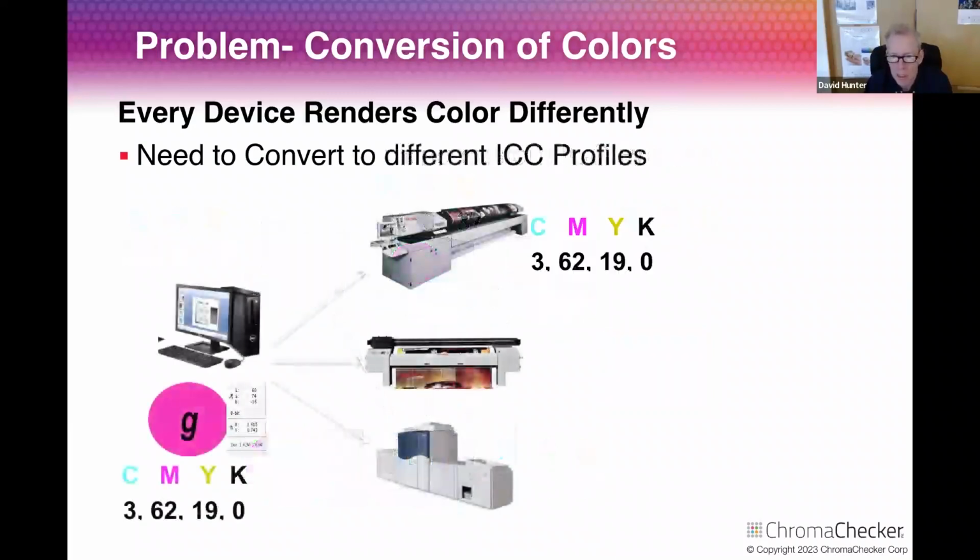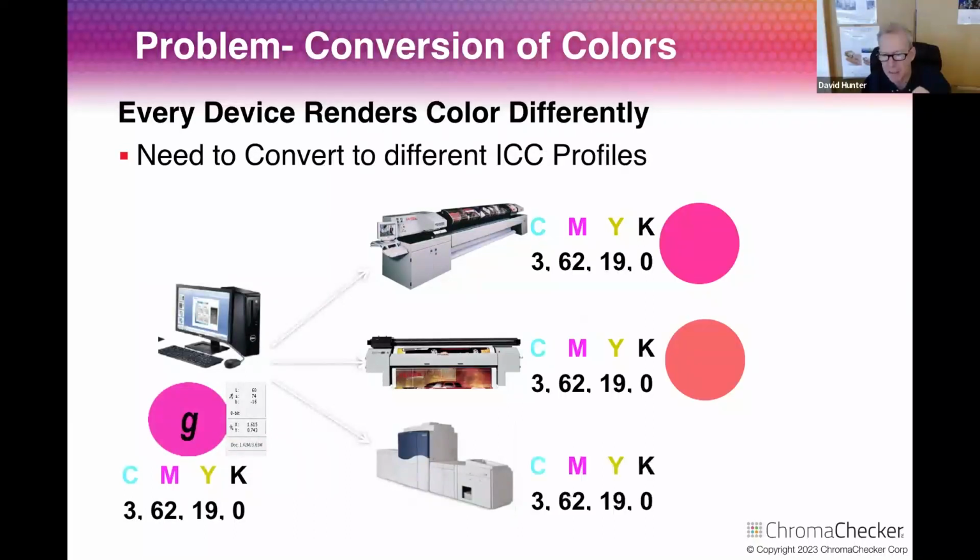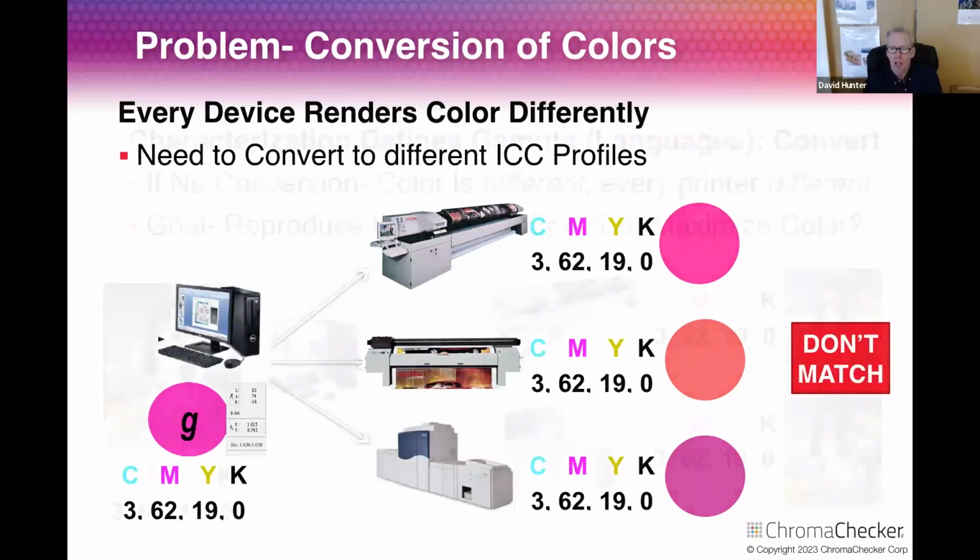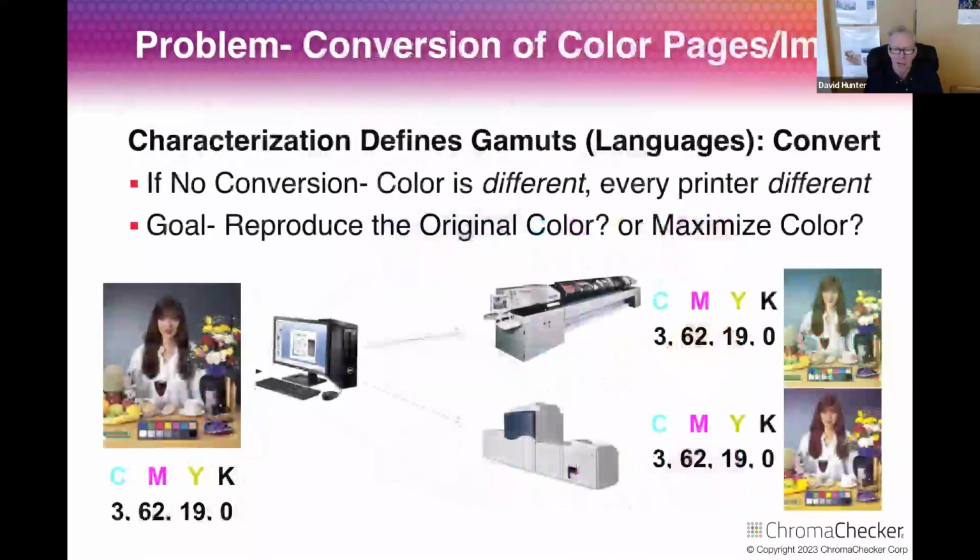And it's the same thing with printing. If we take the same color with a definitive CMYK value and output it on 3 different printing devices using the same CMYK value, I don't get the same color. I get very different results. This is why we need to be able to convert from one color language to another to honor the intent of the original. Color management is all about honoring the original.